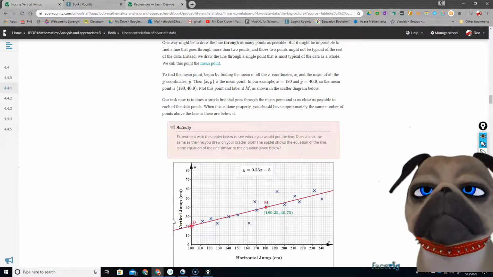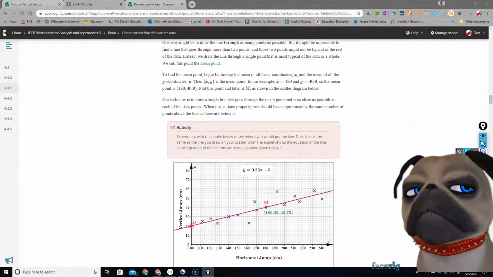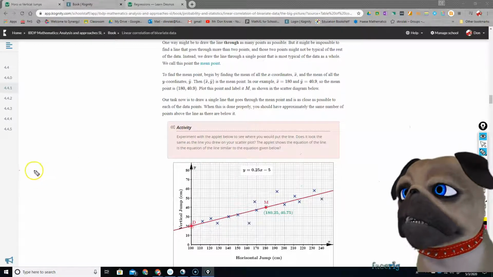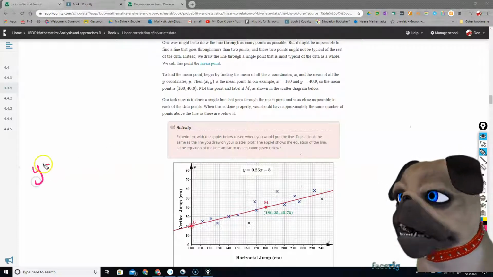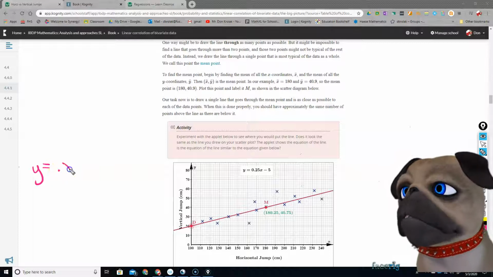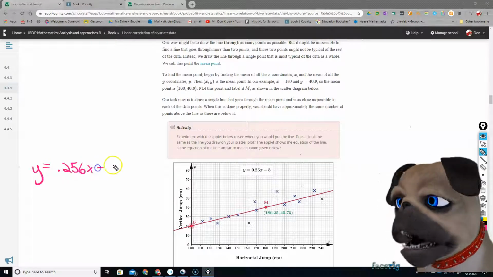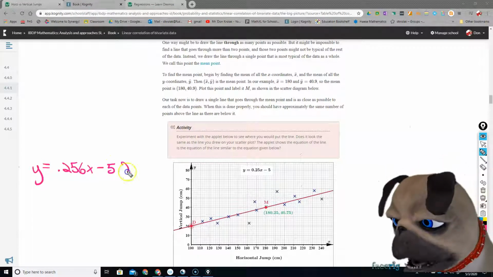Okay, and when we did it on Desmos, I think our equation was y equals 0.256x, so the slope was pretty close, minus 5.24.